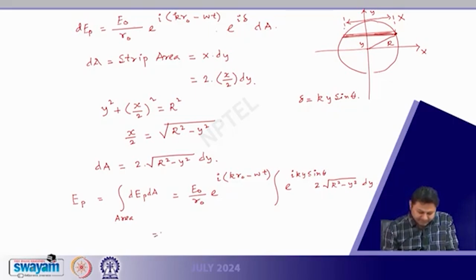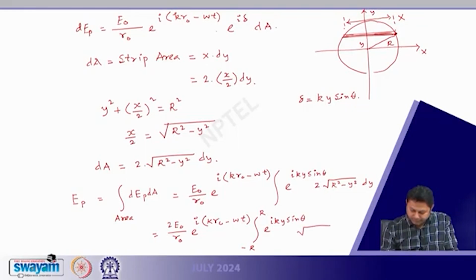So, this integral if I write here, then it should be 2 of E naught divided by R naught e to the power of I k R naught minus omega t, and then I have integration, and this integration goes minus r to r and e to the power of I k y sin theta and root over of r square minus y square dy.